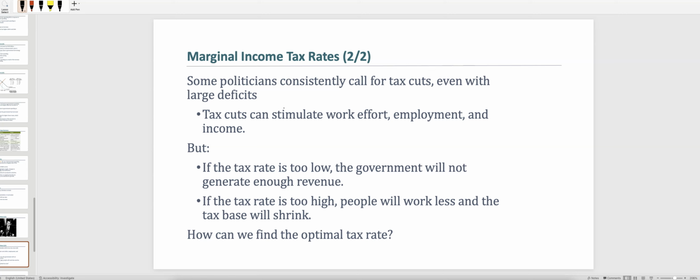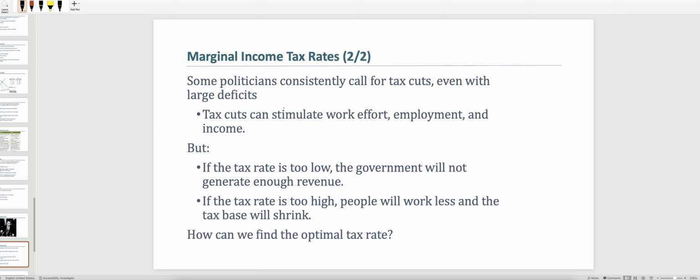Generally speaking, lots of politicians want taxes to go down. But the search really is for that optimal tax rate. That's the hard thing to find. Are taxes too low, too high? We don't actually really have definitive evidence of what that number should be or what it ought to be.